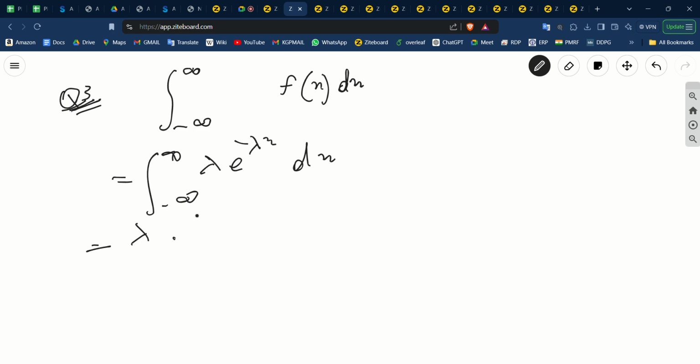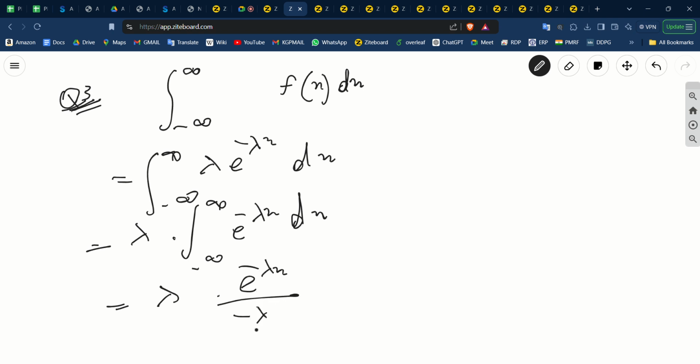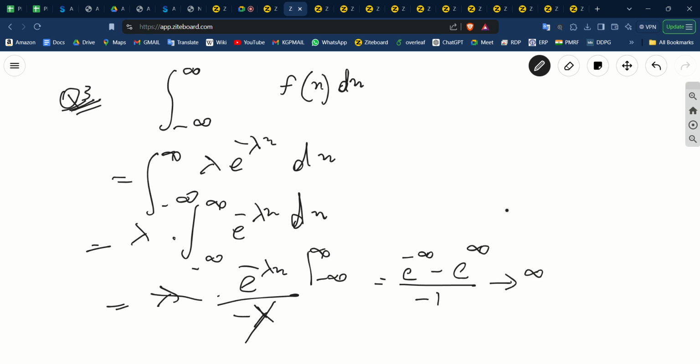The integration of e to the power minus lambda x is e to the power minus lambda x divided by minus lambda, so the lambdas cancel. But when you put in infinity, it is e to the power minus infinity in the limit, which is 0, and when you put in negative infinity, it is e to the power infinity. So this goes to infinity, and finally the limit tends to infinity.